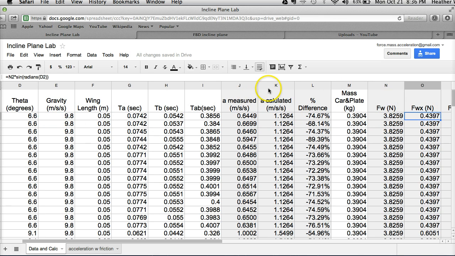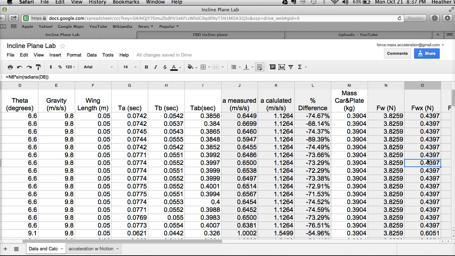And then the components of this, again in radians: we take our theta, convert it into radians, take the sine, and that's multiplied by our weight. So that's the component in the x direction for weight.